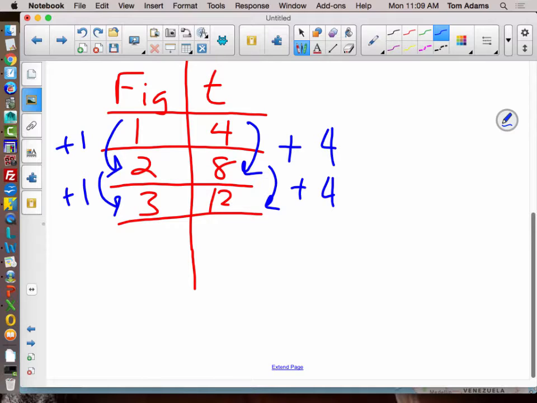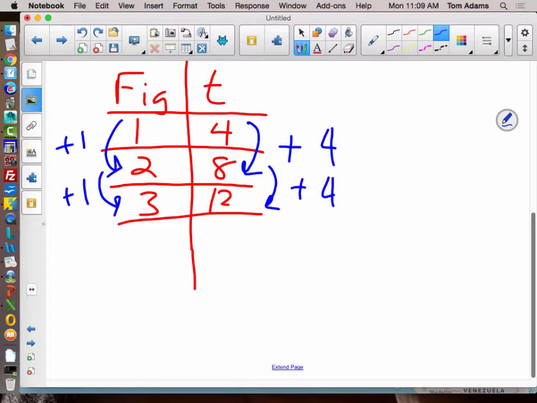Now there's lots of ways we could do this. Do you guys want to add 4 20 times and see what you get? There might be a shortcut. So what can I do to 1 to give me 4? What can I do to 2 to give me 8? What can I do to 3 to give me 12? Yes? Multiply by 4.